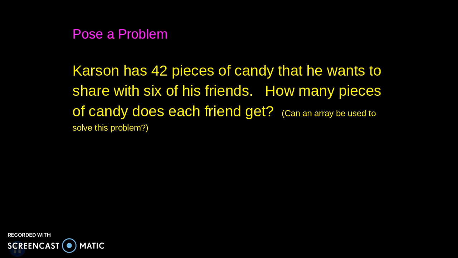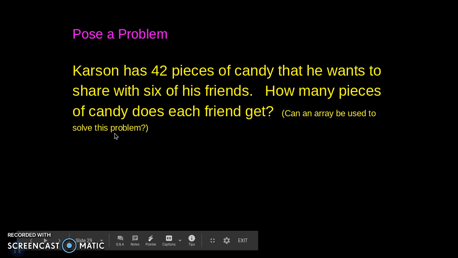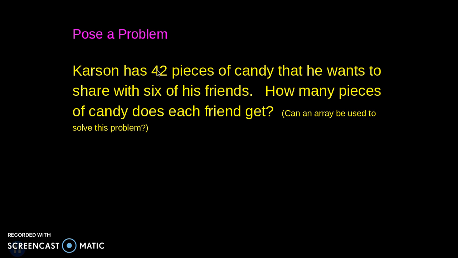I hope you're saying yes, because I just told you about a relationship between multiplication and division. And we used arrays in multiplication, so why couldn't we use them in division? So let's look at how we could set this problem up in an array to start working out how many each friend is going to get. We already know, and this is what's important here, that the whole number is 42.